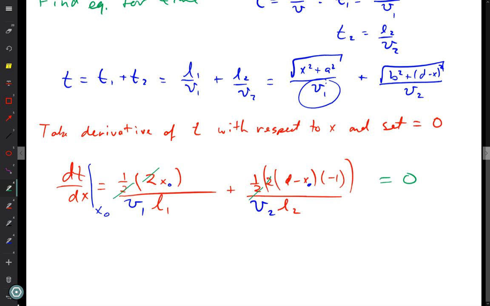And I have 1 over v1 times x sub 0 over L1. Because of this minus sign, it's going to be minus d minus x0 over L2. And I forgot, I wanted to put out front 1 over v2. And now I notice something cool.